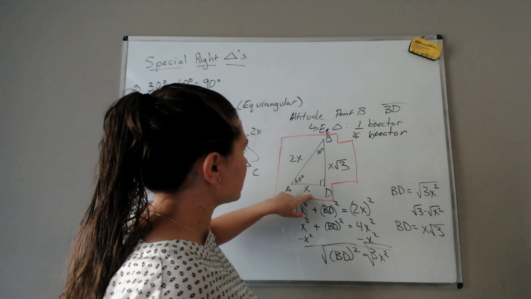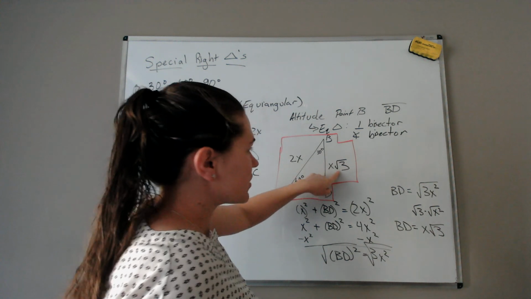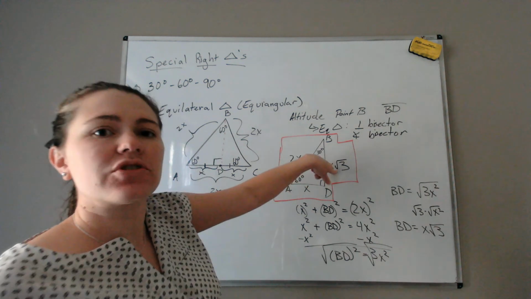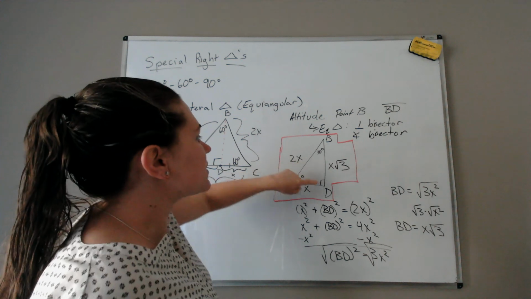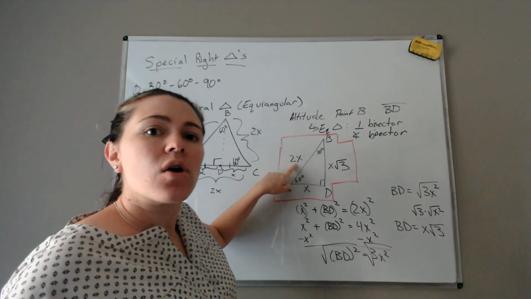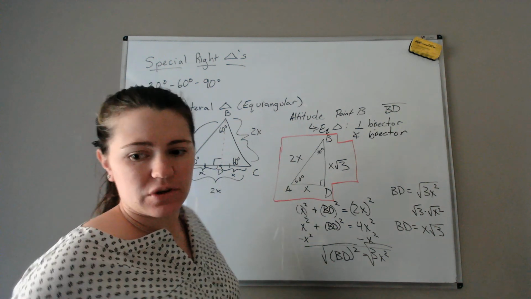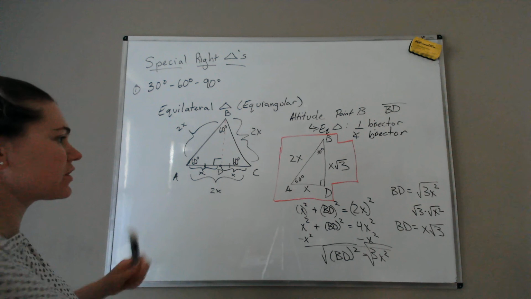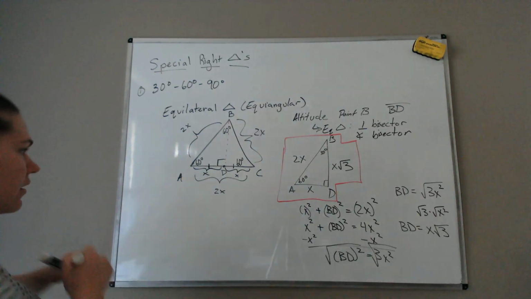What that's saying is, whatever is opposite 60, the side length will always be whatever was opposite 30 times the square root of 3. And then opposite 90, the side length will always be double of whatever opposite 30 degrees is, okay? So that's extremely, extremely important. You have to remember that, okay? That is something you must remember.